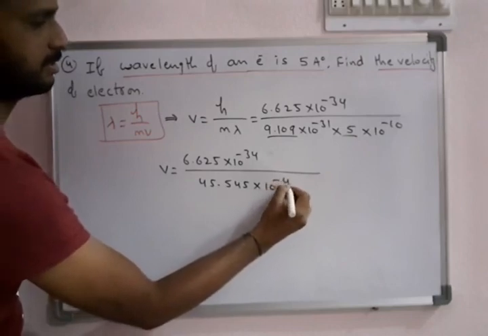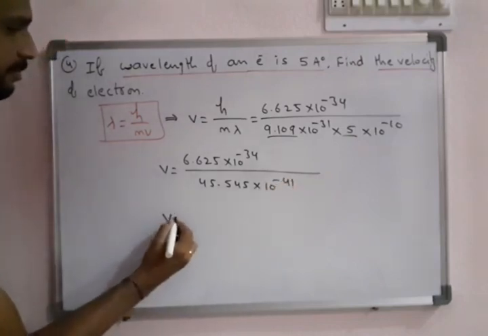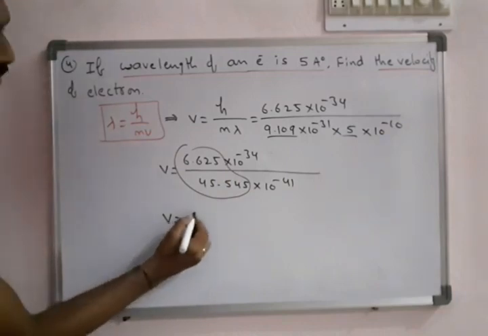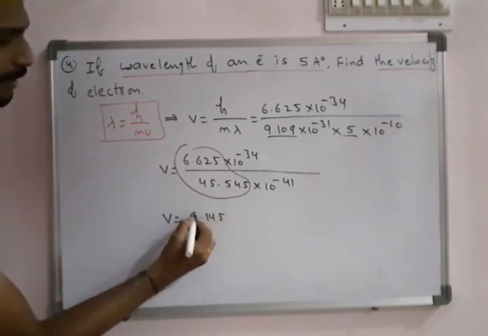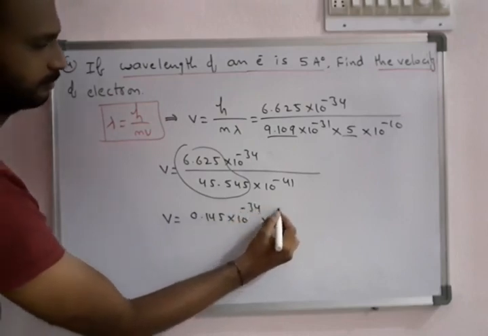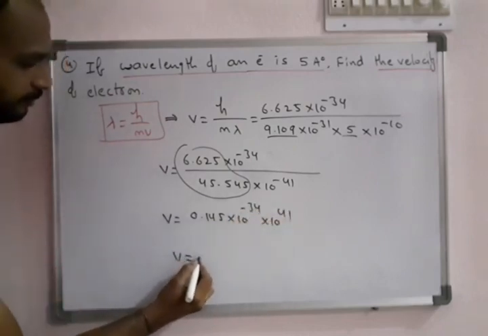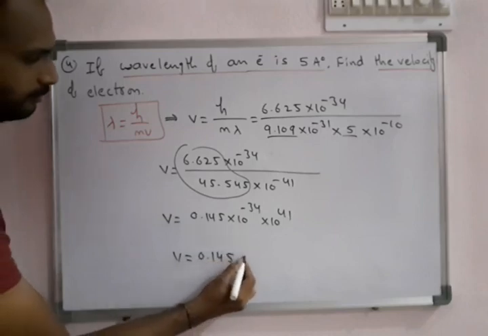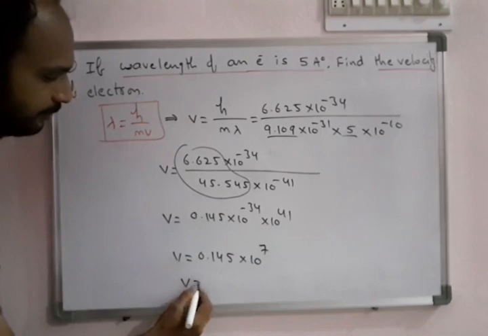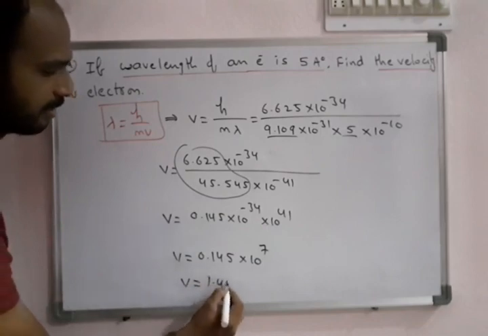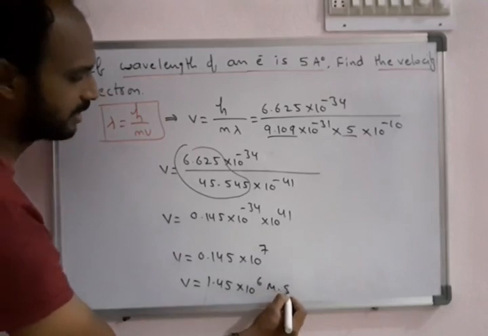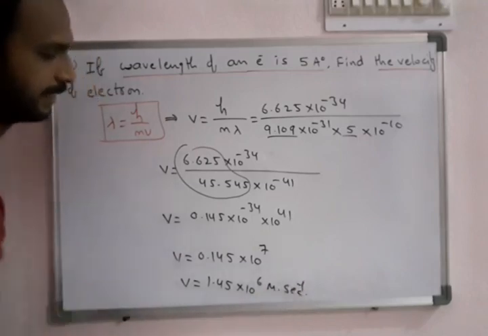31, here this is 41, and on this calculation we will get 0.145. So generally we make it 1.45 into 10 power 6 meters per second.